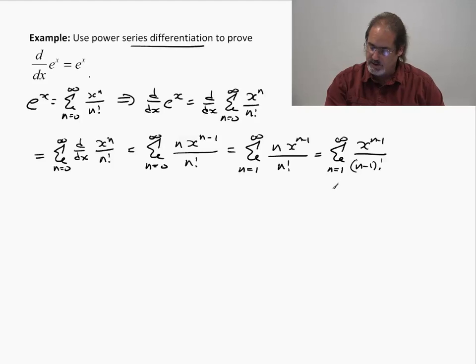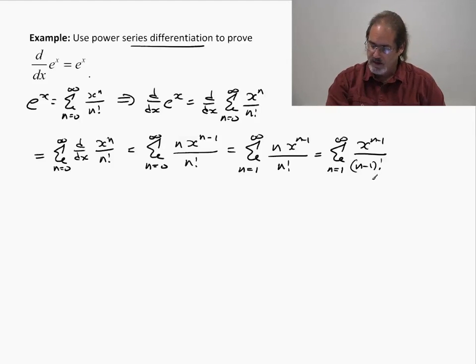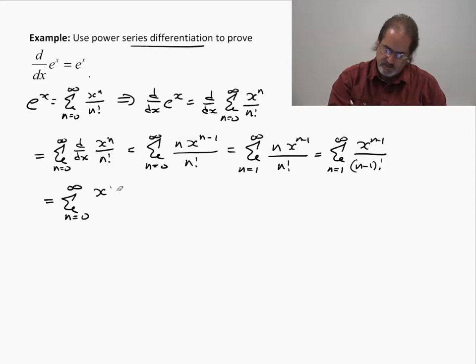I can say, well, gosh, when n equals 1, I get x to the 0 and 0 factorial, which, a reminder, 0 factorial is 1. So this is actually going to be the same as the sum, n equals 0 to infinity, of x to the n over n factorial.